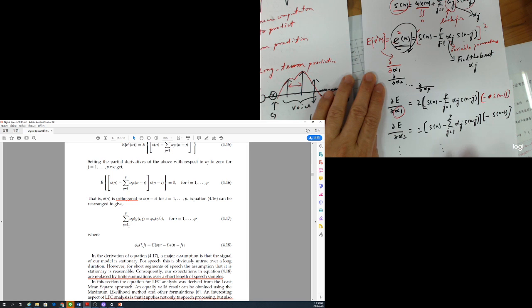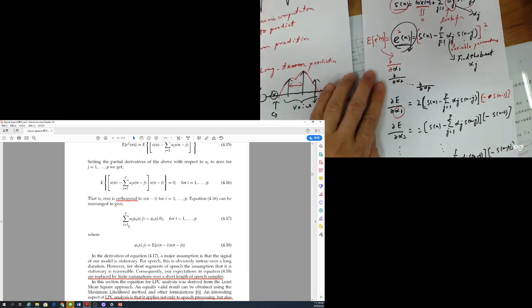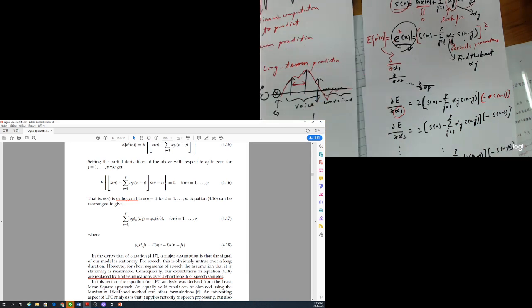You can see what we have here, the similar terms alpha j s n minus j, up to s n minus p. They combine them together, so it becomes equation 4.16.